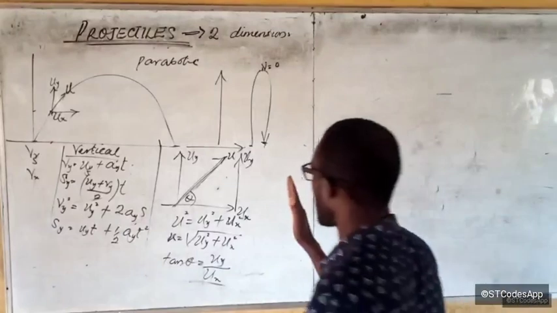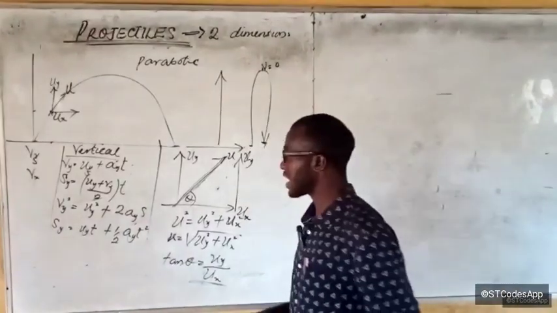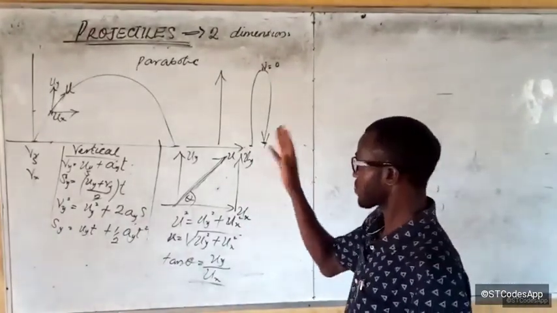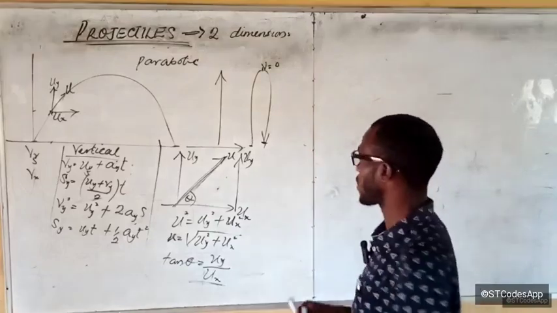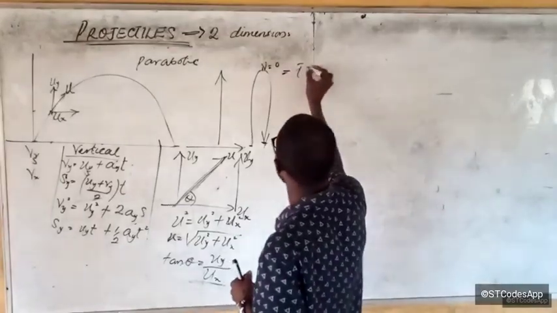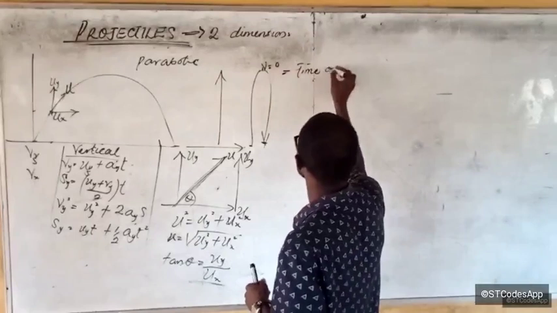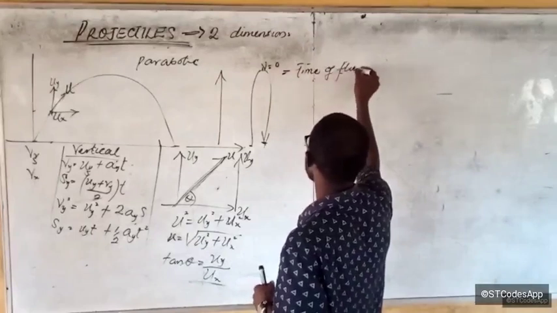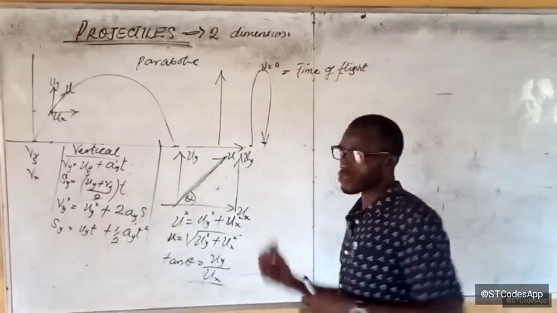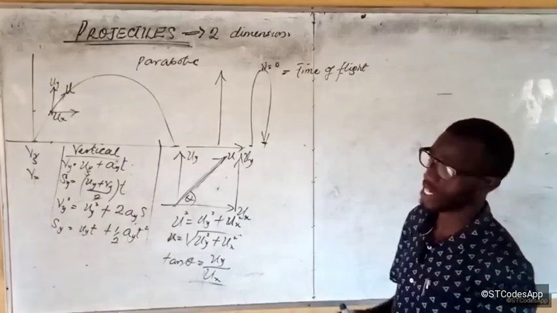Now, there are some very important things about this projectile. We have what is called the time of flight, or total time of flight, as you will see in some textbooks.